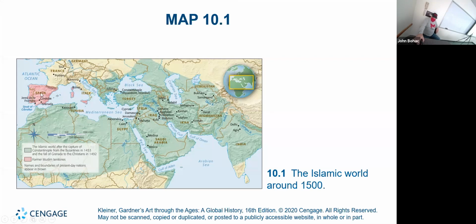They have some things here in pink, and it says former Muslim territories. Bottom line is that Spain kind of goes back and forth. It was the Visigoths in ancient Roman times, and then the Moors came in across the Strait of Gibraltar, and they were Islamic, and they established Islam in what they called Moorish Spain.